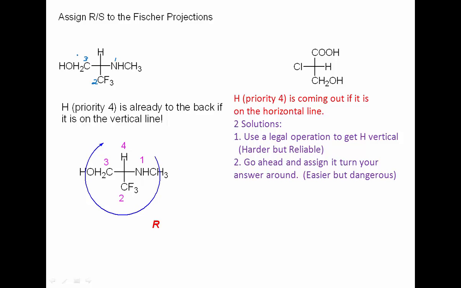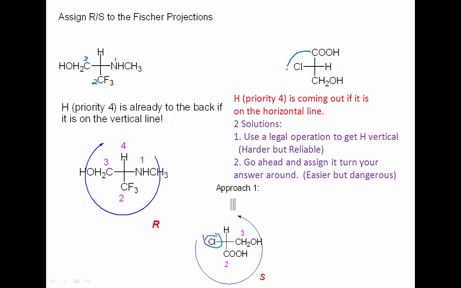All right, so let's look at each case. Approach number 1. The easiest way for me is to hold chlorine constant, or I could hold anything except hydrogen constant, but I'll hold chlorine constant and rotate each of the other three. I'm going to rotate COH where CH2OH is.